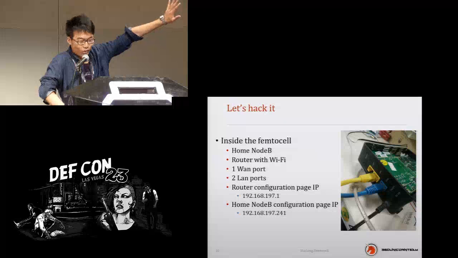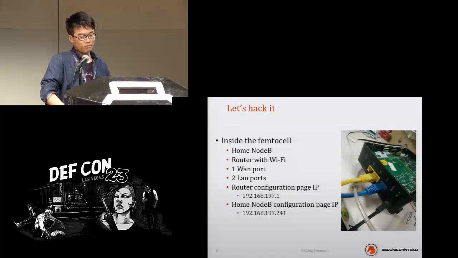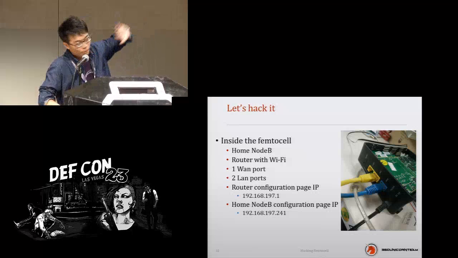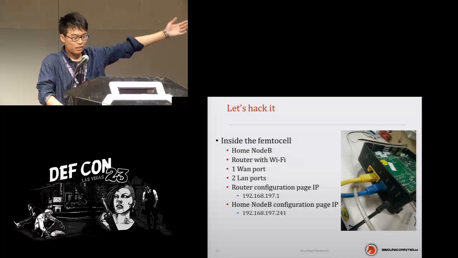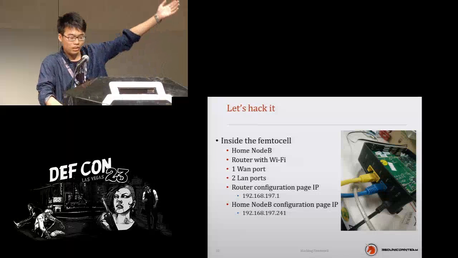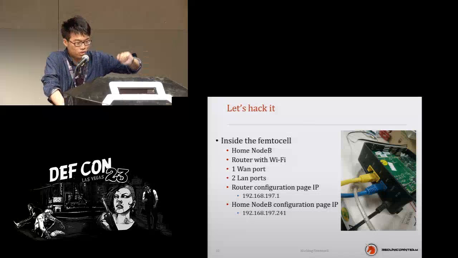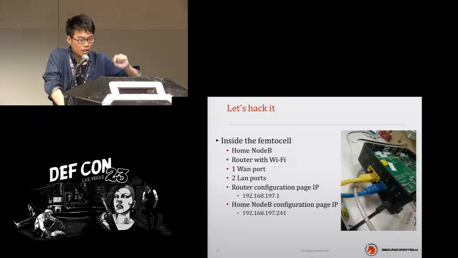So now we have one, so let's just hack it. Inside this Femtocell, there are a few things: the home node B, a router with Wi-Fi, one WAN port and two LAN ports. And here is the most important thing, the configuration IP.